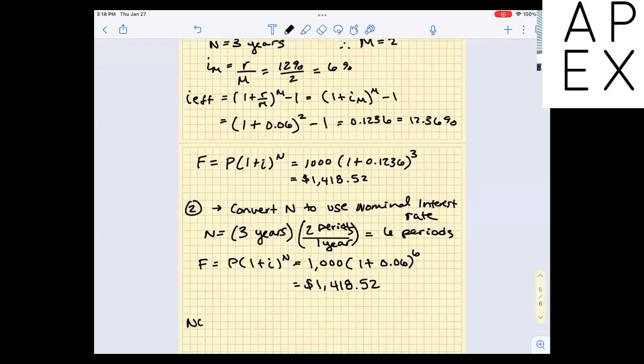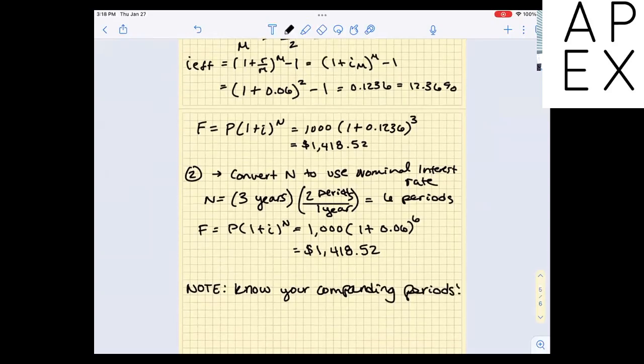Okay, so let's make note about some of our compounding periods, because we just did one that was semi-annually, but you could run into many different options here. So know your compounding periods.